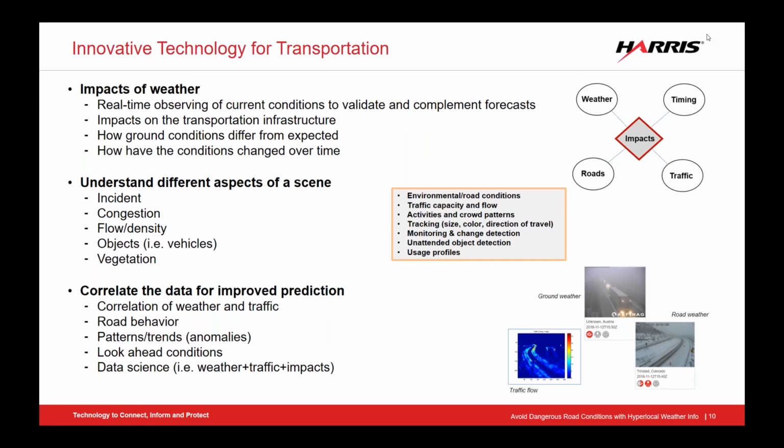We like to understand that and know exactly what's going on as storms progress. And how have conditions changed over time? That's obviously important when you're trying to understand how conditions differ from what's expected. If you're seeing trends and durations of things that maybe you weren't expecting, you want to understand that with good granularity, not only spatial granularity, but temporal granularity.